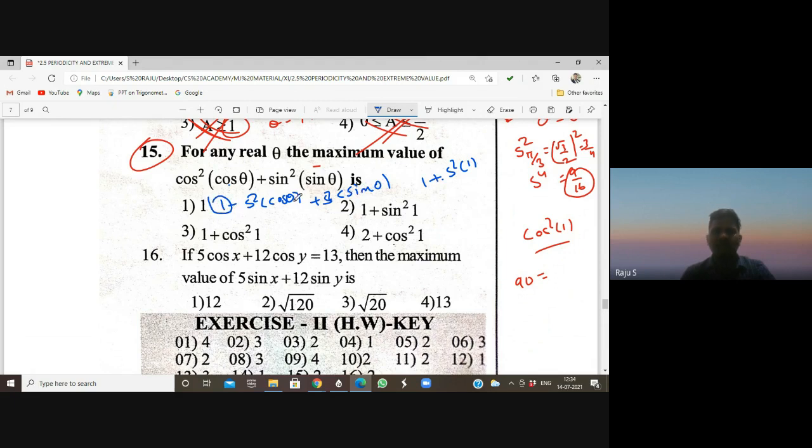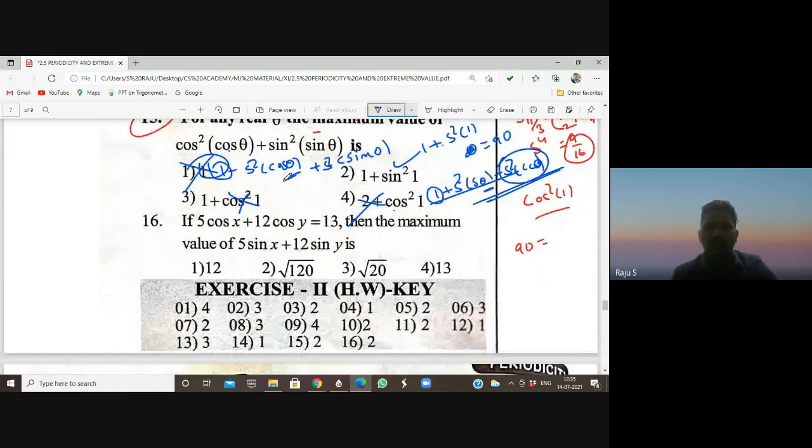So now we can substitute theta values, or else 1 plus sine square of sine theta minus sine square of cos theta we got. So the value is 1 plus something. Now when I substitute theta is equal to 90, then we'll get sine square 1. We can make this value 0, 1 plus something we will get. So these two already we eliminated. So 1 plus something we are getting as the value. So first option is also wrong, like that.